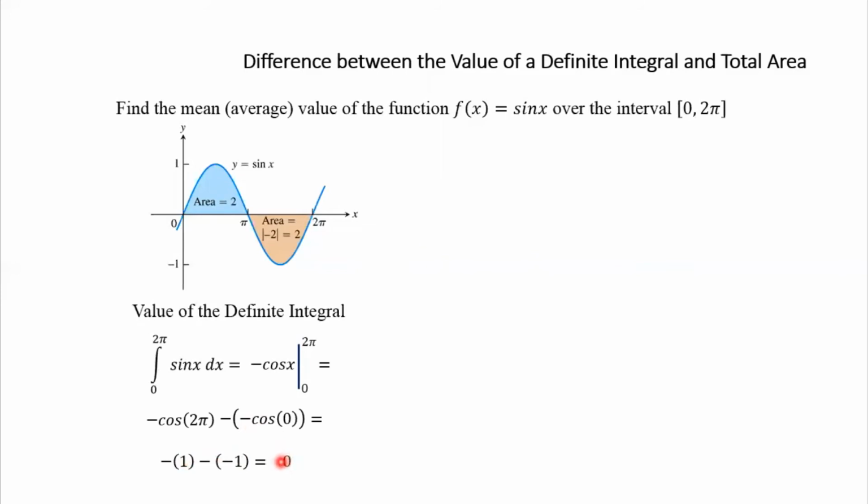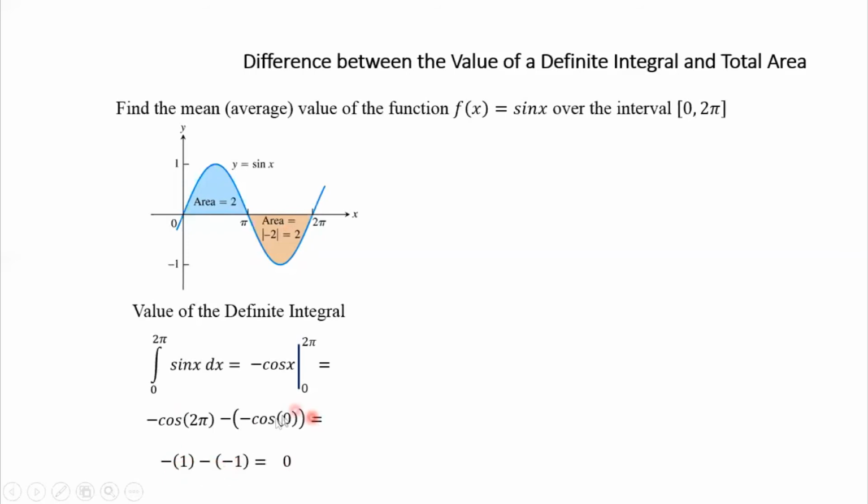Okay, so what is 0? This is the value of the definite integral. Now, this is 0 because from here, computing the definite integral, we have a positive value here, and the value of this integral, in this case, is negative. So if we add it up together, we come up with negative 1 plus 1, so it's 0.